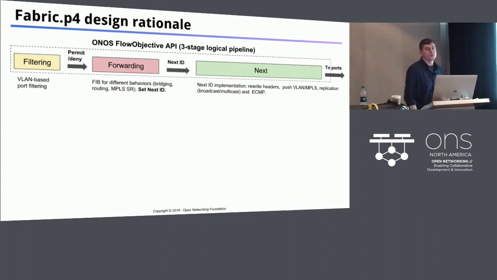So we insert rules for bridging, routing, MPLS. And then we have the next stage, where we actually provide an implementation for the next identifier provided by the forwarding stage. This is where we rewrite headers, and push the VLAN tag if we need to, or the MPLS label. This is where we replicate packets in case we want to implement a multicast or broadcast behavior. Or this is where we do port selection if you want to implement ECMP.